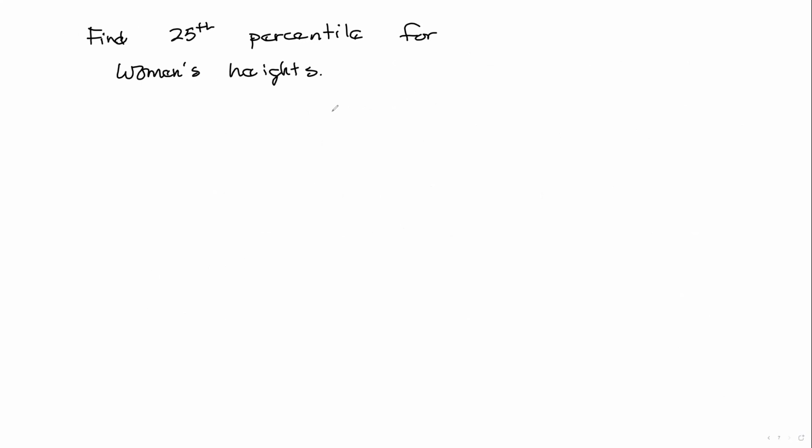What we're trying to find is the height where the probability of less than that height is going to be 25%. So we're trying to find the height where a randomly selected woman has a 25% probability of being less than that height.